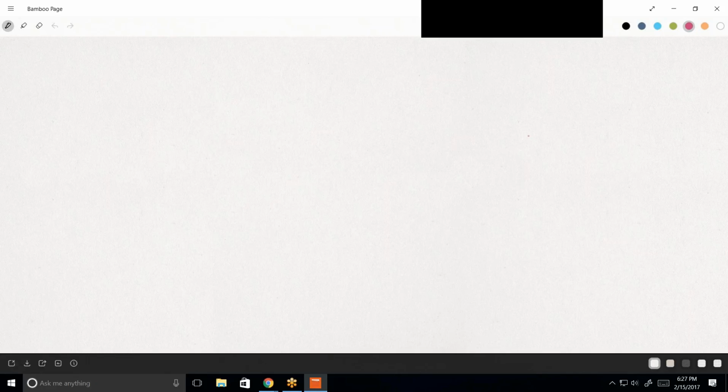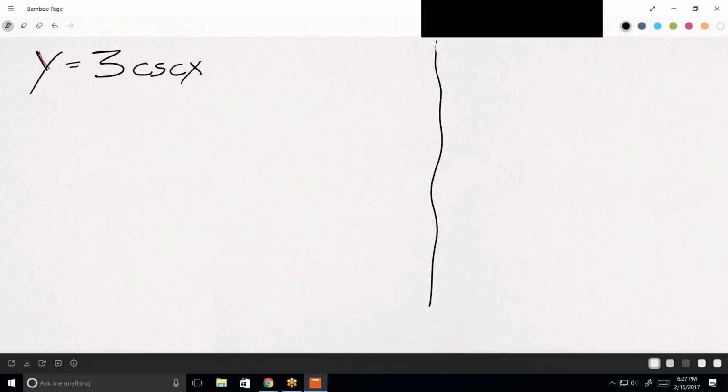All right, what else you got? y equals 3 cosecant of x. Key thing on all of these is to be able to draw the non-transformed curve. Right. Okay?